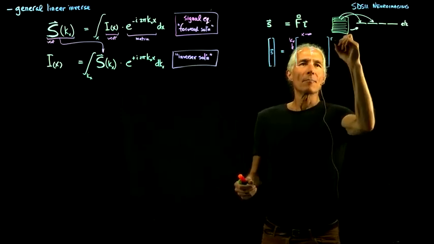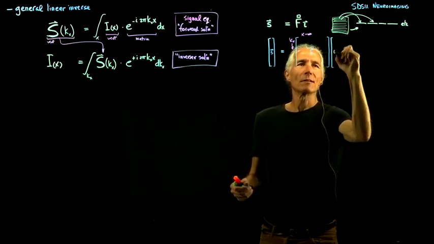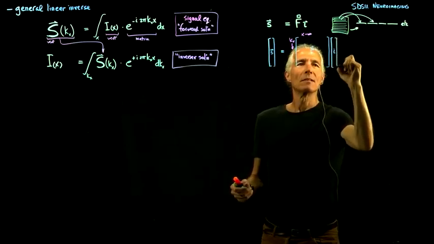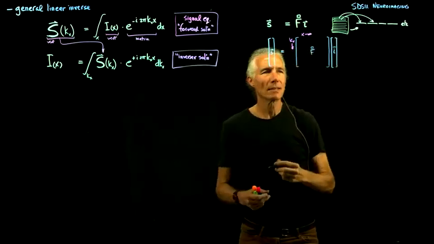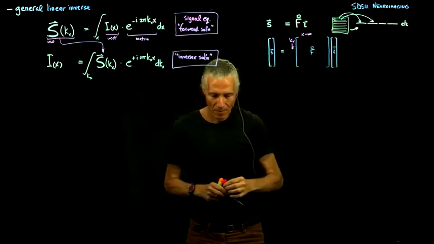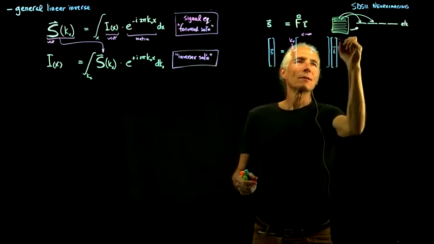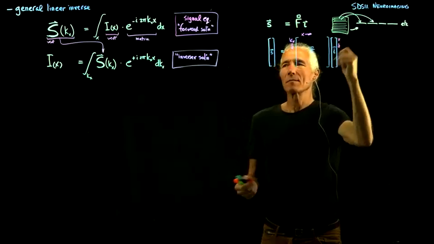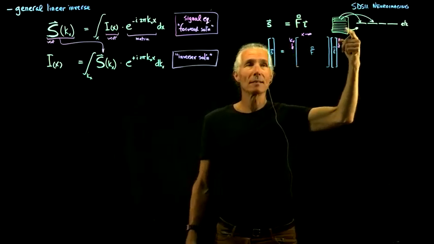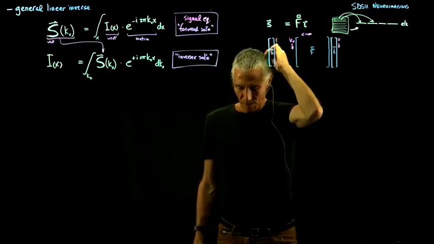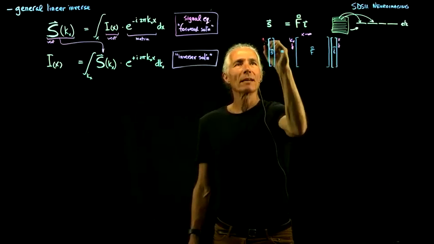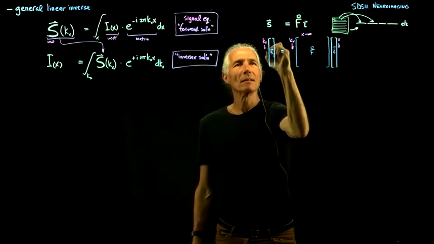And then it's operating on that image vector. So here's the image vector, and that one has x going in this direction, or xy if we're doing this, and this one has kx going in this direction.